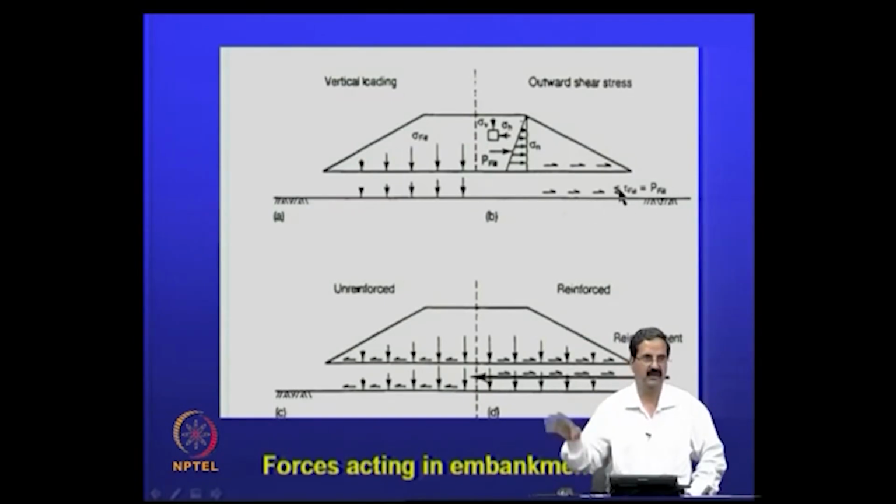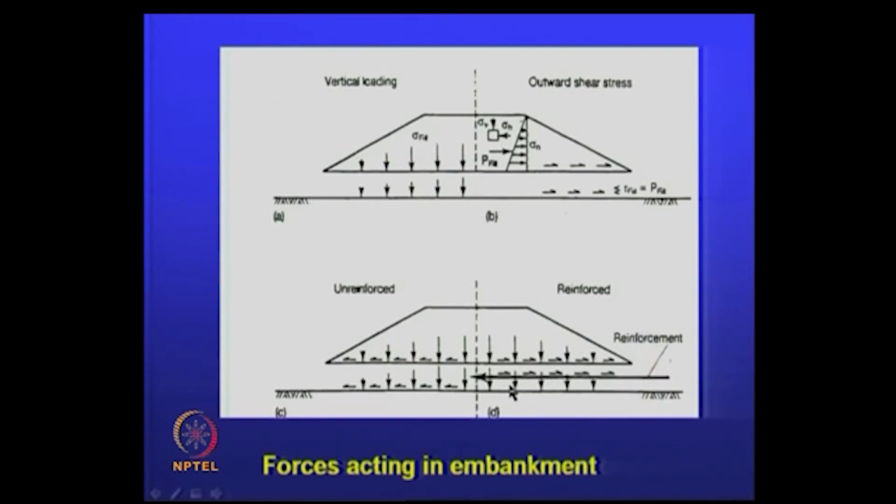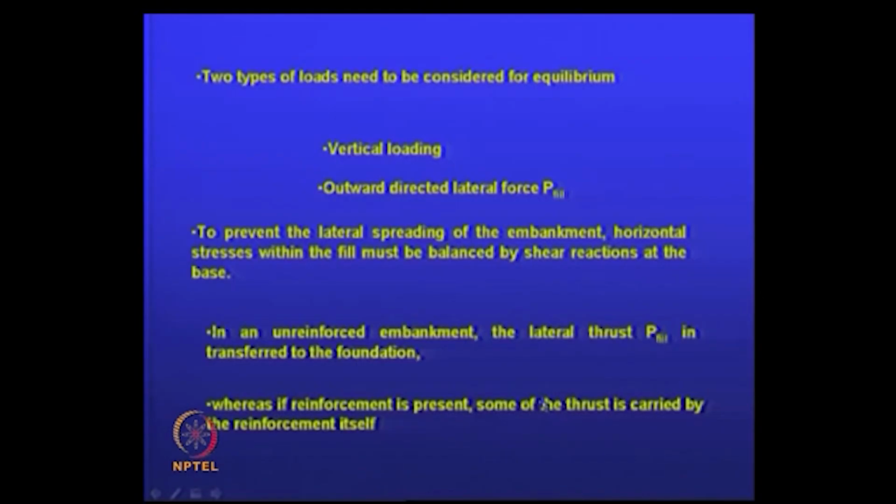Shearing takes place if you just keep on constructing, because of the vertical loading. Now, you put a reinforcement. Because of this reinforcement, there is an opposite force that you have introduced, what is called inward shear stresses. There is an outward shear stress, and you are trying to nullify it by using some inward shear stresses.